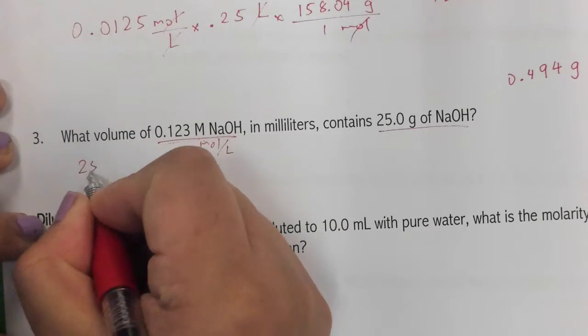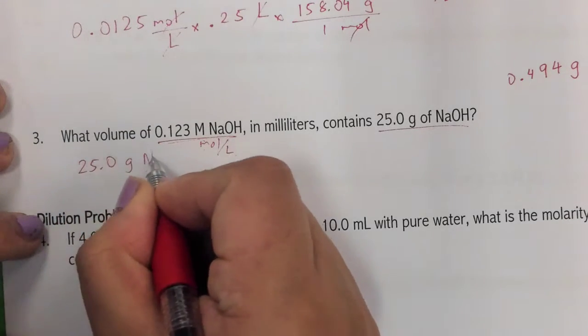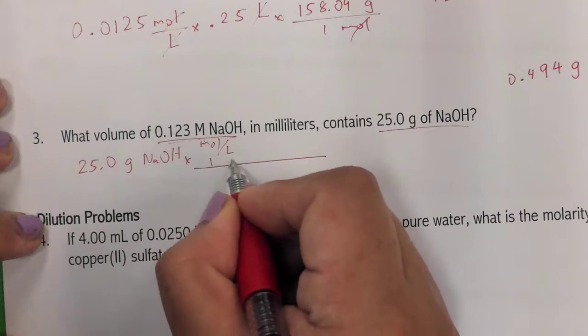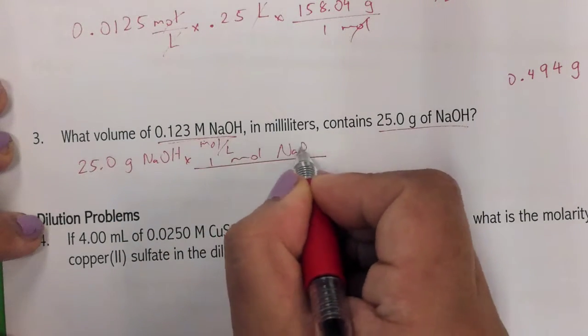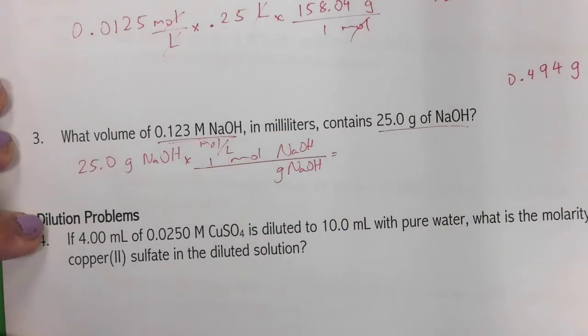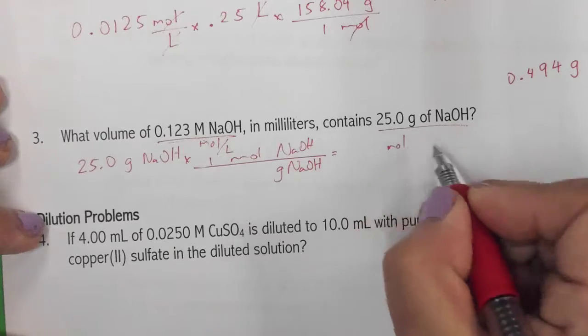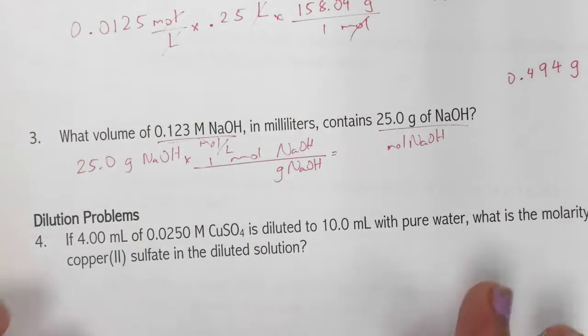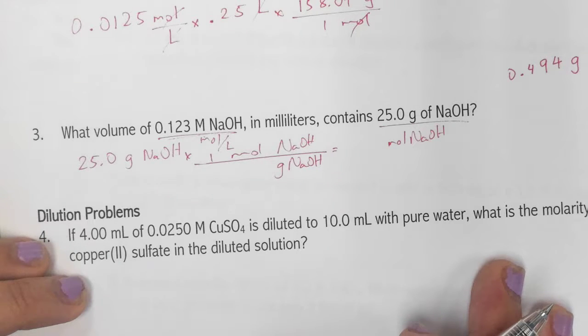So you're going to say 25.0 grams of NaOH converted to mole. 1 mole of NaOH is the gram of NaOH. We're going to solve for that. You're going to get the mole of NaOH. Now you have molarity, it is backward. You want to find volume. So how would you find volume?